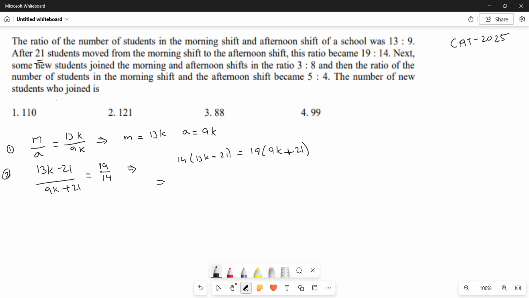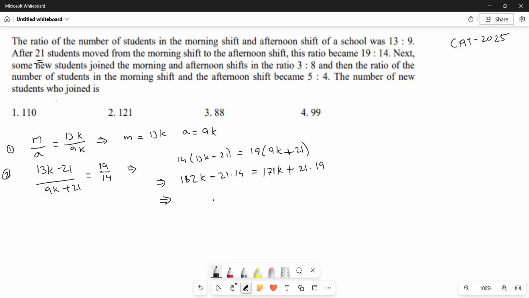Upon simplification, this will give me 182k minus, let's keep this as it is, the terms look like they're going to cancel, and this will give us 171k plus 21 into 19.